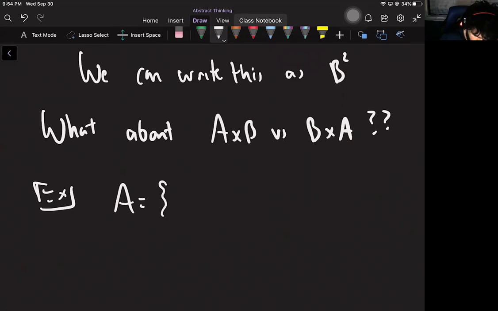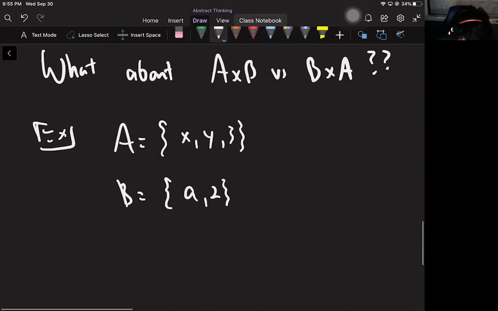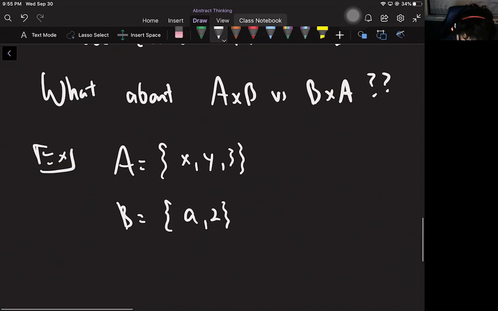A will be X, Y, and 3, and B will be a and 2. Just to confuse you, I put little a in B instead of A. So what I want to do is think about these two sets. Are they the same?